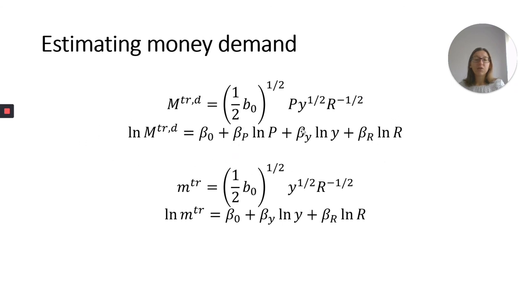The coefficients beta, which we have now, are going to represent the elasticities, or the linkages between the factor and the transactions demand for money. By estimating these linkages, we would know how strong the relationship is, or what the importance of a particular factor is for the transactions demand for money in a particular country.